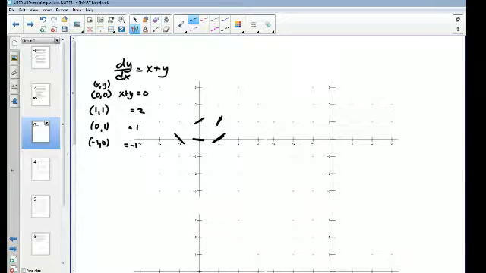So you can just continue. What's the slope here at 0, negative 1? Negative 1, right? You can actually start seeing patterns.